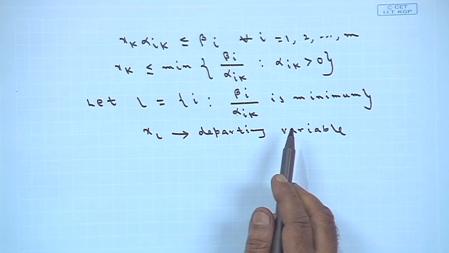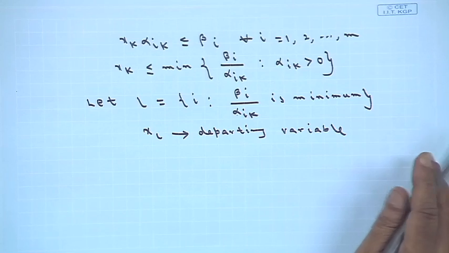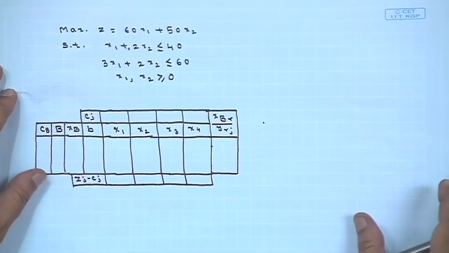I think that now it is a little bit clear, whenever I am going for the entering variable, how to use it, and then how to select the departing variable. So, let us take now one example of how to find the solution of this type of equations.